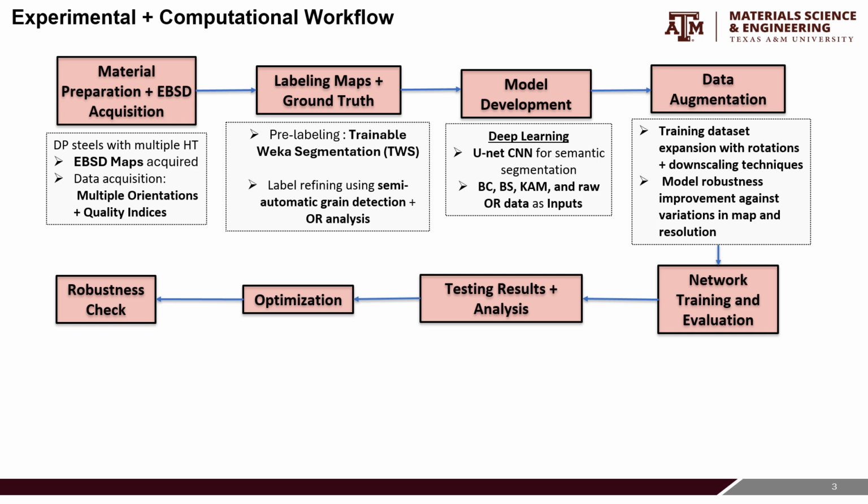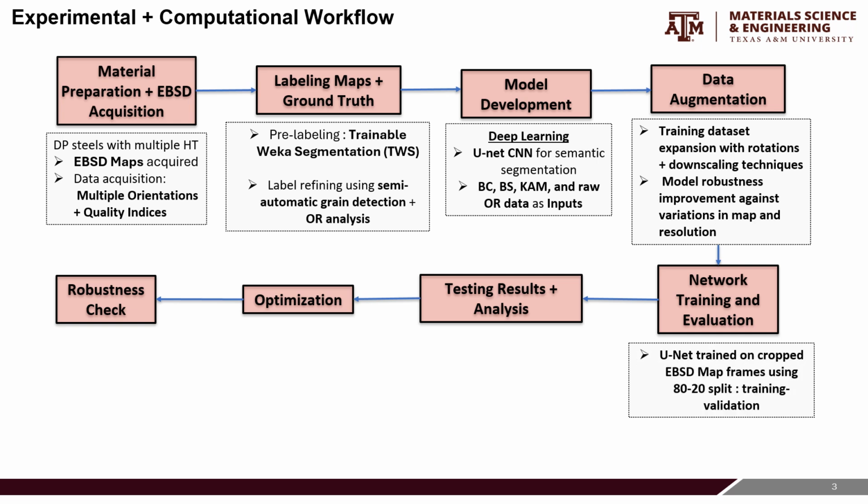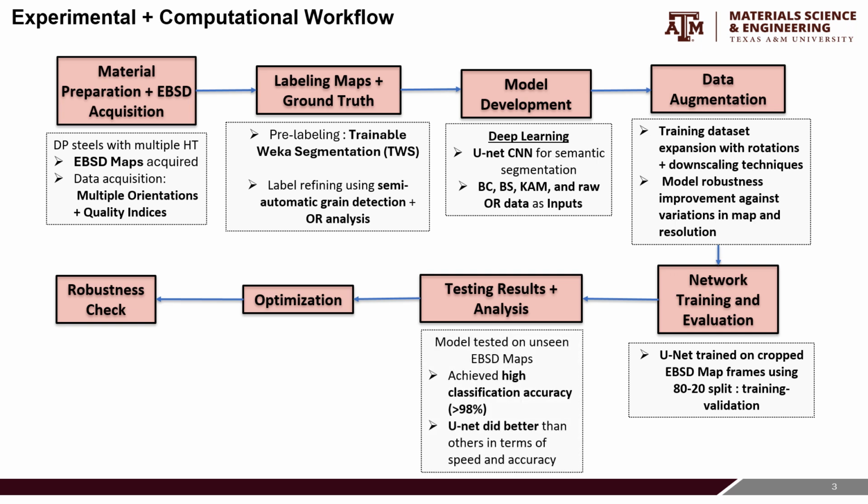The model was also tested for robustness against variations in the resolutions of the maps. Then the U-Net was trained on various EBSD frames, and the training and validation data were split in an 80-20 ratio. The model was tested and different parameters were analyzed.